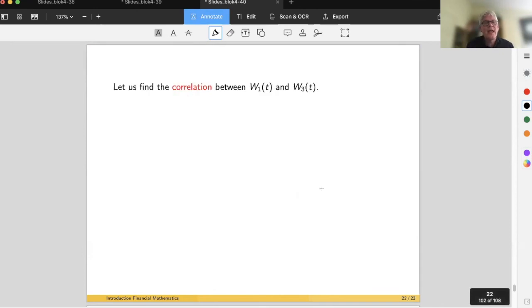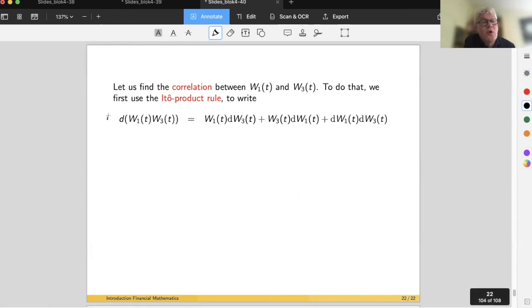Now let's look at the correlation. Let's try to find the correlation between W1 and W3. How do we do that? Well, we do that with the Ito product rule from the last lecture. The Ito product rule told us that the change d(W1_t W3_t) would be the usual product rule, W1 dW3 plus W3 dW1, plus that quadratic cross variation, dW1_t dW3_t.